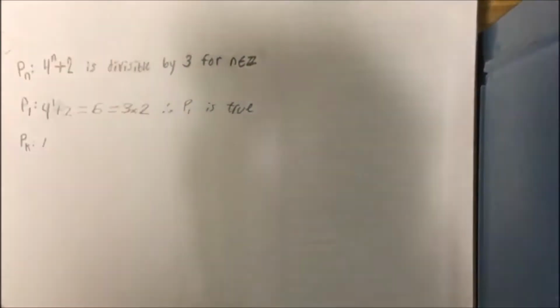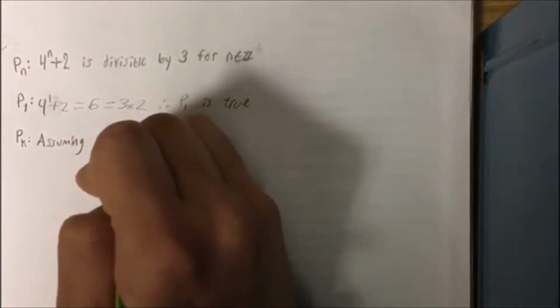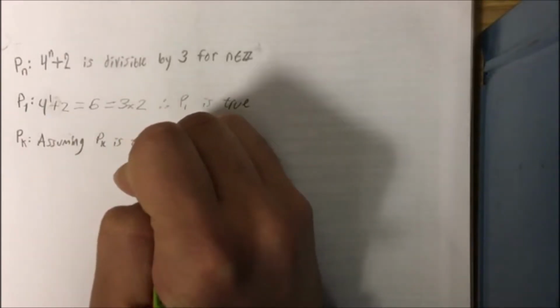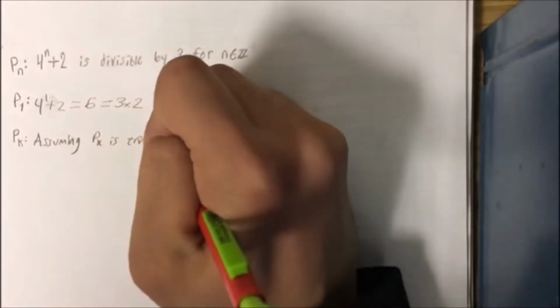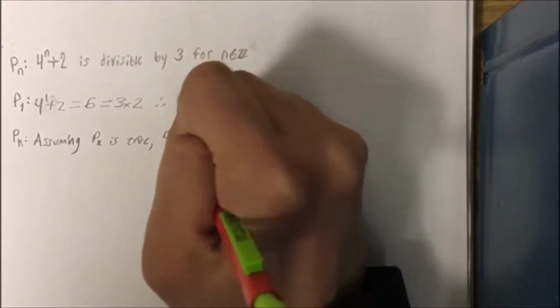So now we say, assuming P of k is true, because that's how this works. You have to assume that P of k is true so that P of k plus 1 can be proved. So now you substitute k into the expression, so you get 4 to the power of k plus 2.